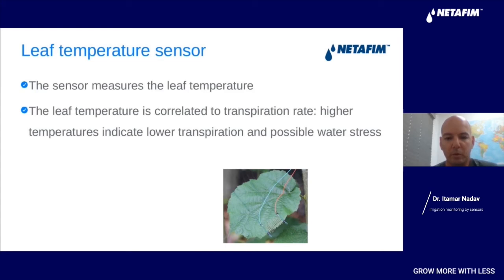And if the temperature is lower, that means that the plant is doing transpiration, and the plant leaf temperature will be lower. That sensor is good for vineyards and other stress crops that we need to manage the stress on the plant.